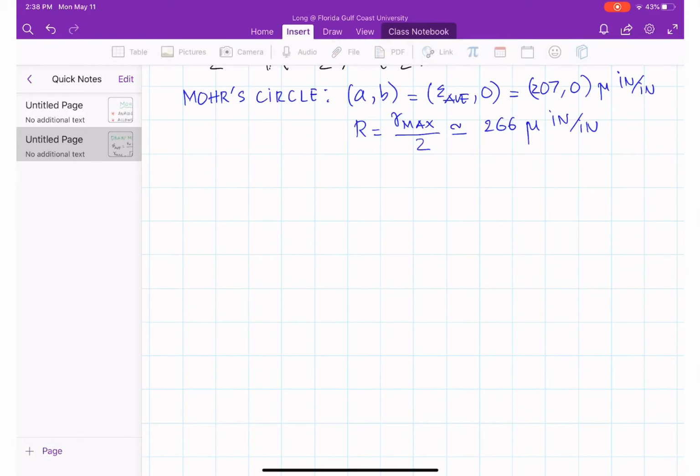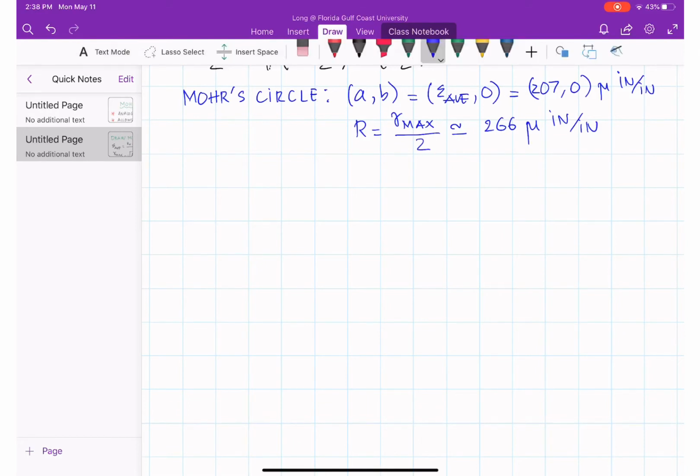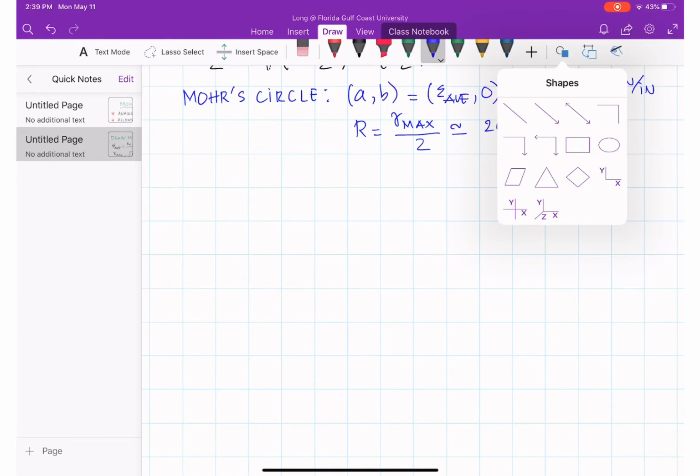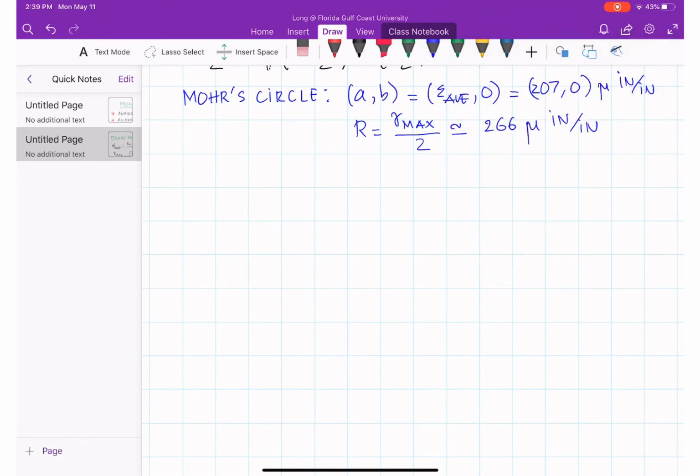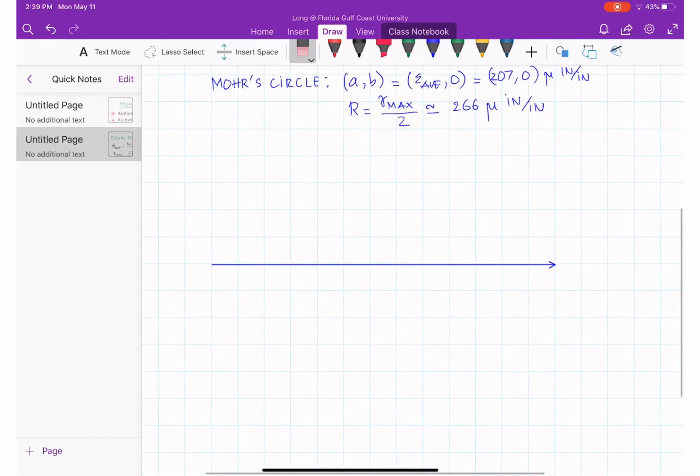Insert the shape, insert the line. So we have the x-axis here and the y-axis from here.